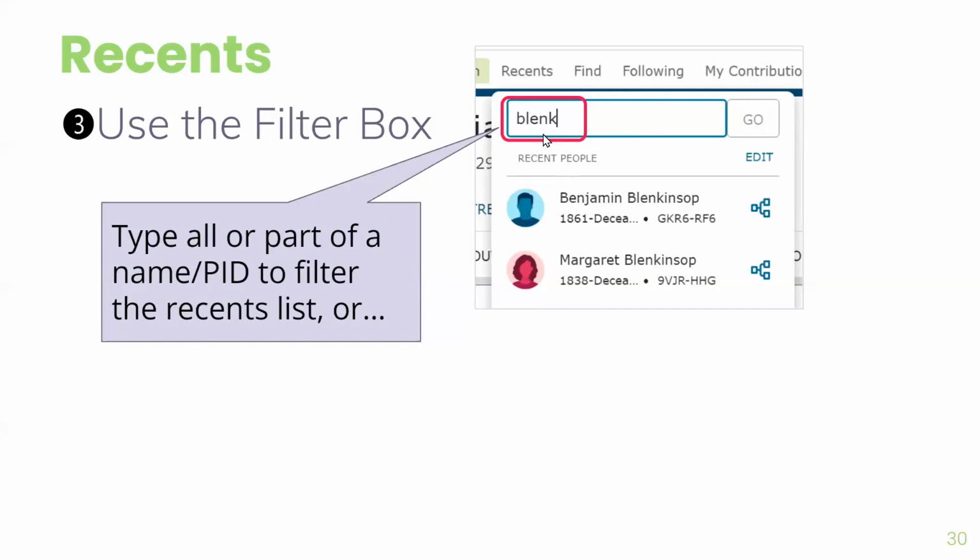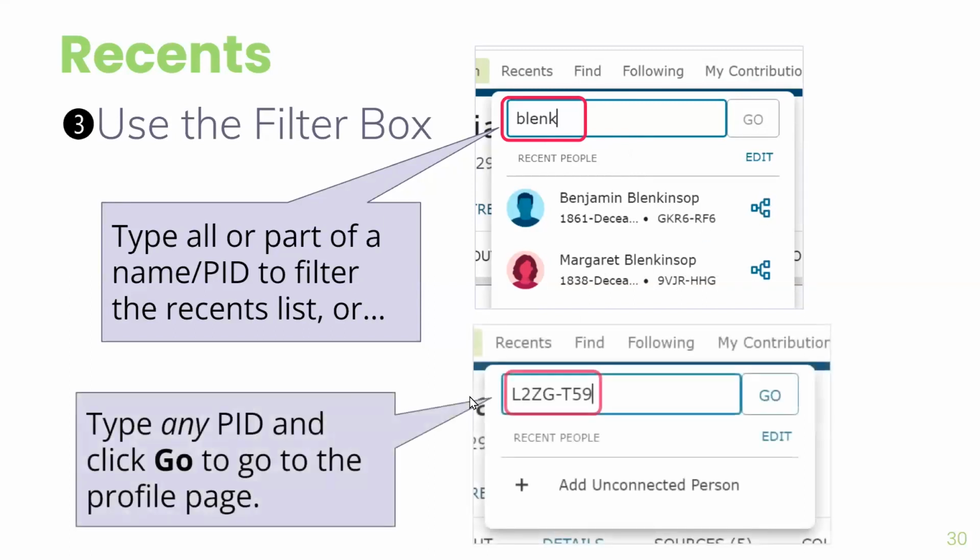In this particular instance, I did type the beginning of the name, but you actually wouldn't have to. You can type any text that appears any place in a name, and it will show you any matches for that text. So that is really cool. And then you can just click as usual and navigate either to the profile page or to the tree view.